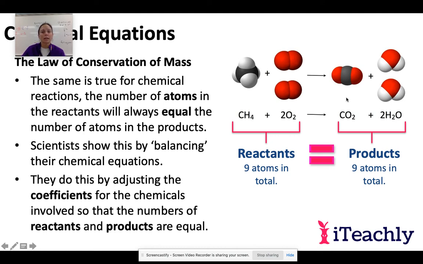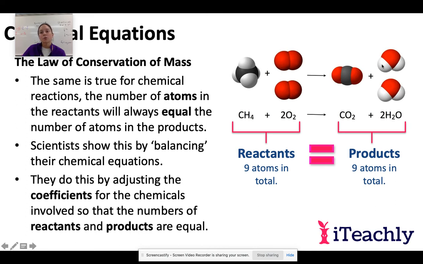So let's look at this. The carbon is C, and that's that black dot. Notice there's 1 black molecule on each side. Notice there's 1, 2, 3, 4 white molecules, 4 hydrogens, and 1, 2, 3, 4 hydrogens on both sides of the equation. So then lastly, notice there's 1, 2, 3, 4 O's or 4 oxygens on the reactant side.